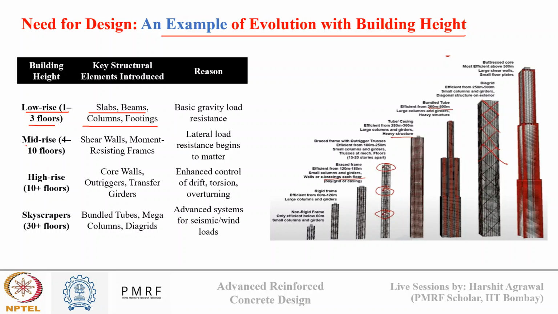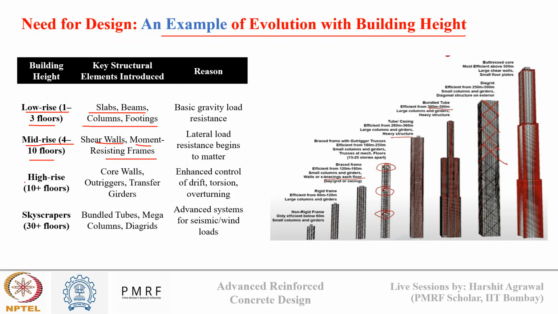However, if we go to mid-rise level, if we increase the height of the building to 4 to 10 floors, what will happen? Apart from these basic elements, shear walls and moment resisting frames will also come into design to resist the lateral forces that are acting on the building due to wind or seismic activities.